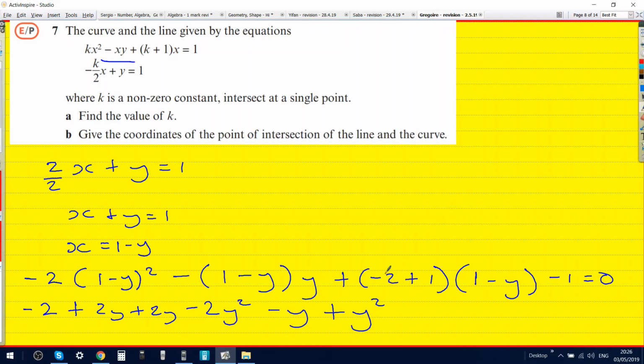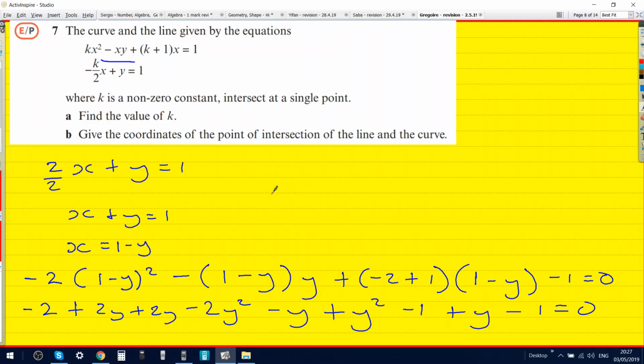Hold on, what is minus 2 plus 1? Minus 1. Yeah, so you can simplify that into just one thing. So it would just be minus 1, plus y, minus 1 equals 0. Wow, it's a long one.